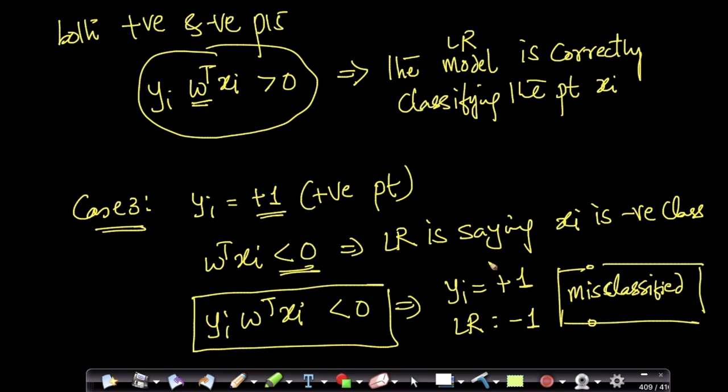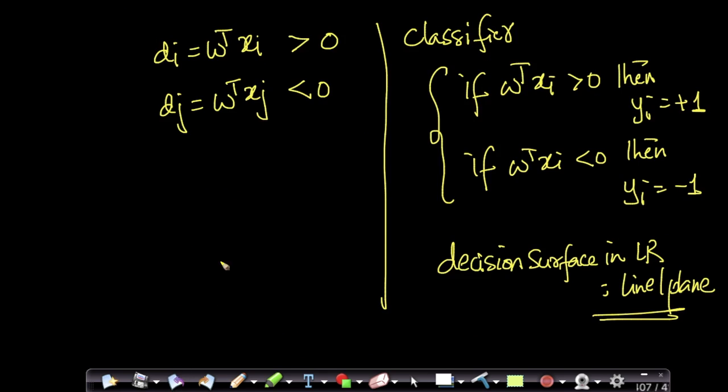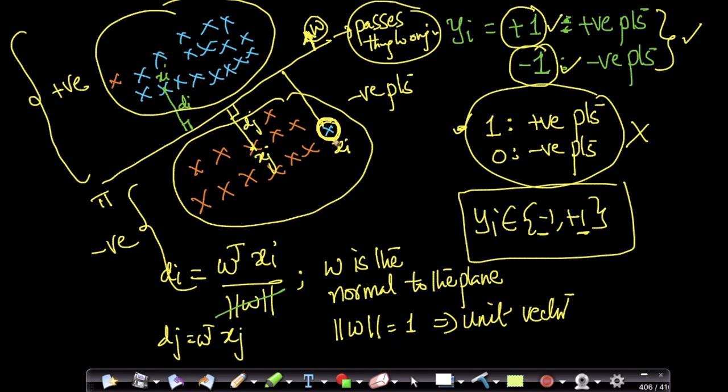Its true label is blue, so actually it is a positive point, but because it lies on this side of the hyperplane, my logistic regression, which is nothing but the hyperplane, is concluding that it's a negative point.